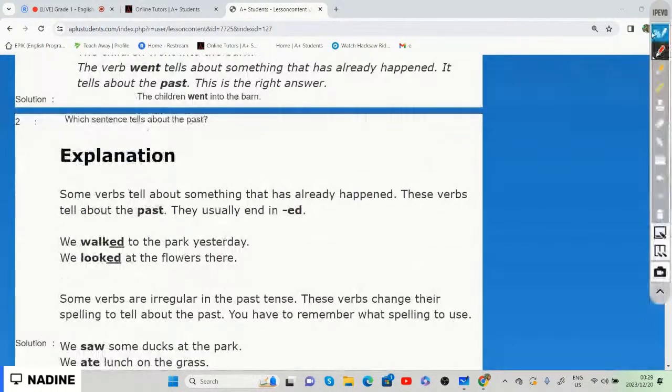If we look at the word sing, the children sing beautifully. But what do you think is the past tense form of the word sing? If sing shows the present, what is the irregular past tense of sing?